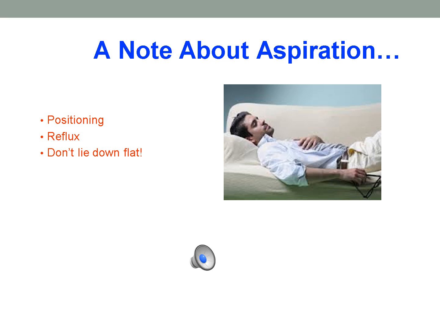So another note about aspiration is positioning, reflux, anything. I know that you're going to get into looking at individual ISPs and looking at different mealtime instructions, and you're probably going to see GERD written on several of those, and that is gastroesophageal reflux disease, which most of the time means that they have some type of acid reflux, which we're all aware of.